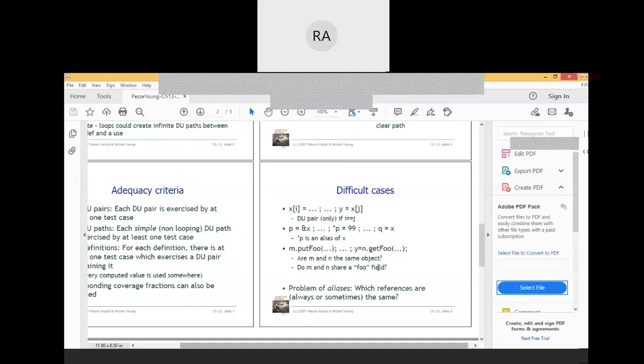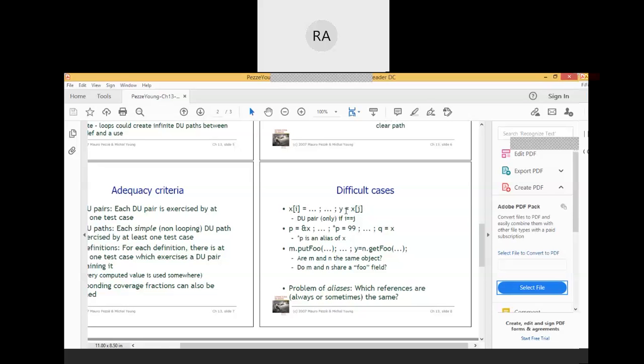After that, there are certain difficulties involved with respect to data flow testing. Okay, suppose I have an array x[i]. This is basically explained with respect to the loop. Okay, x[i] is equal to x[j]. When will this happen? Whenever i equals j, then only can I consider x[i] equal to x[j].